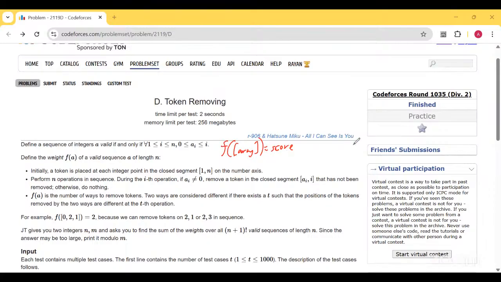The score is the number of ways to remove the tokens, right? But how to remove the tokens? So we will perform n operations.